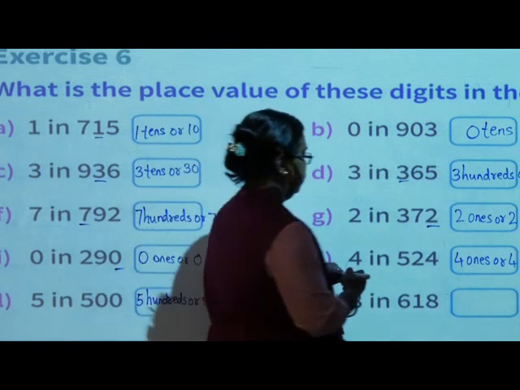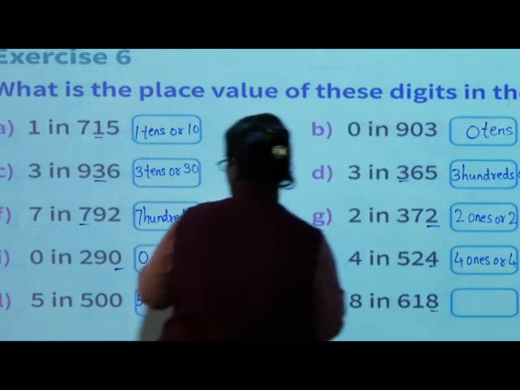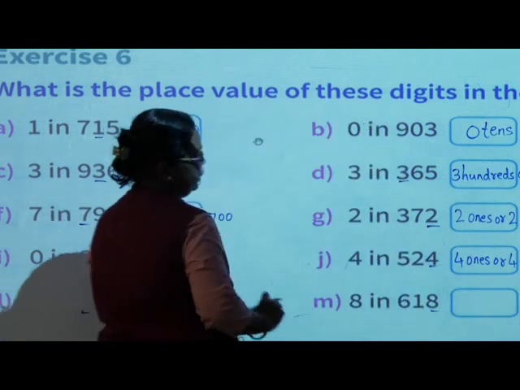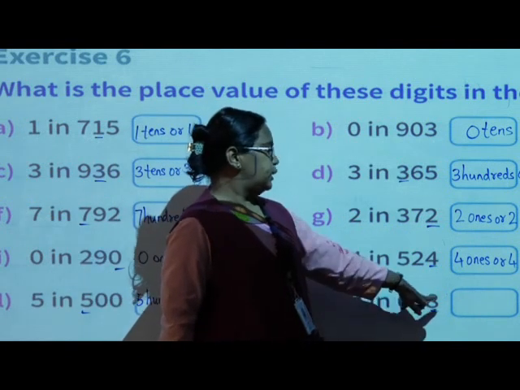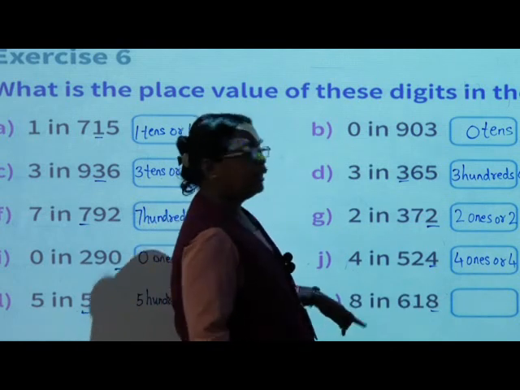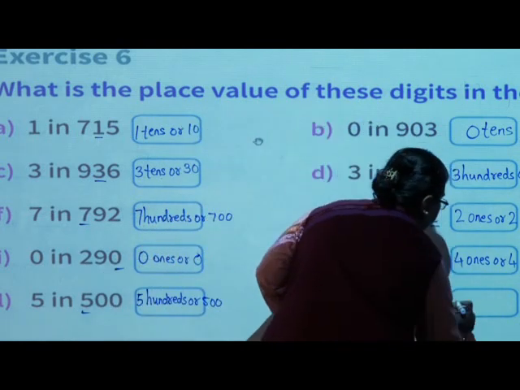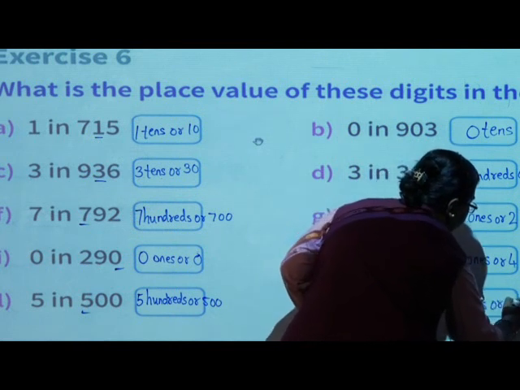Then 8. Now we can see 8 in 618, which is 600s, 1 tens, 8 ones. Now what is the place value of 8? 8 ones or 8.